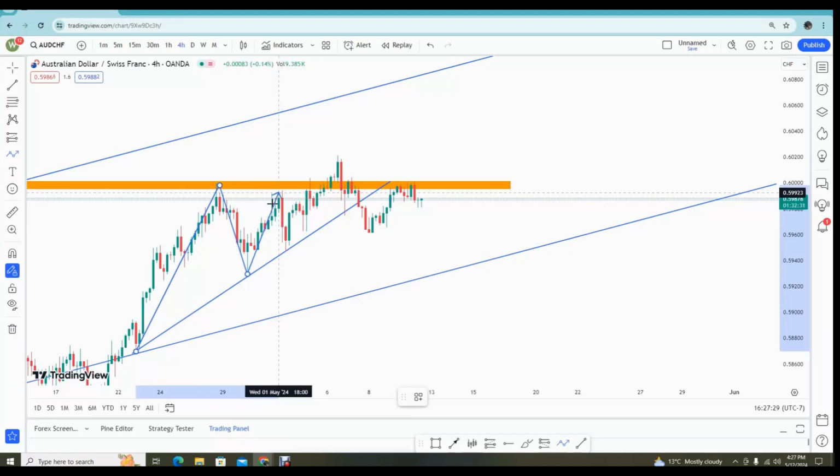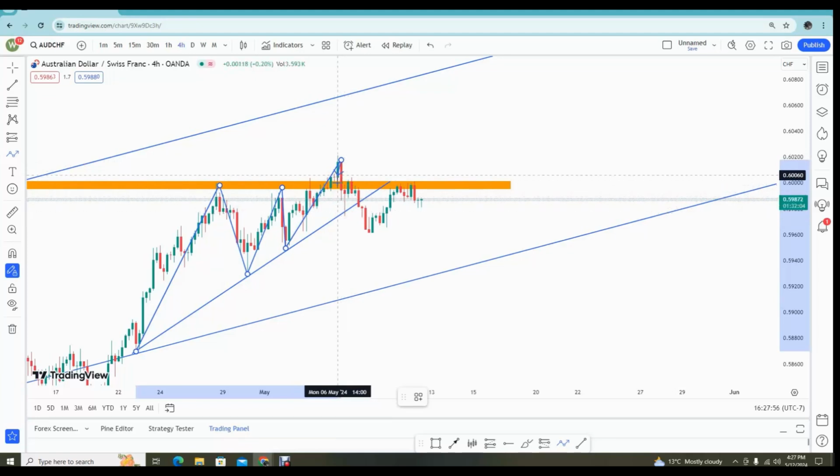After the zone, this one right here was supposed to break the zone and continue, but it didn't do that. It came back to the trend line. And then we got this continuation around this area, a breakout of the zone a little bit, and it gave us the correction.